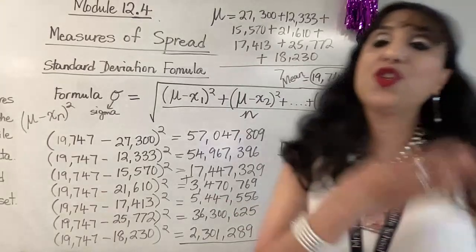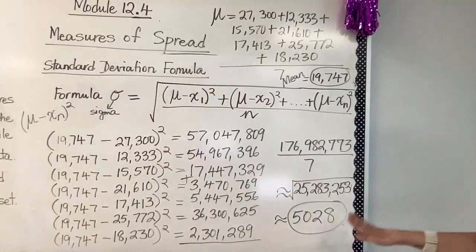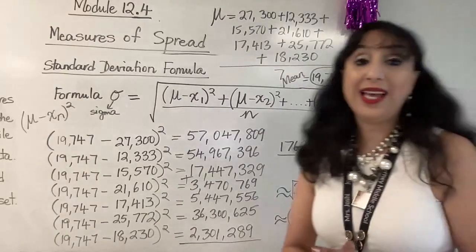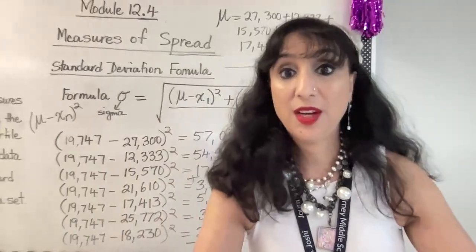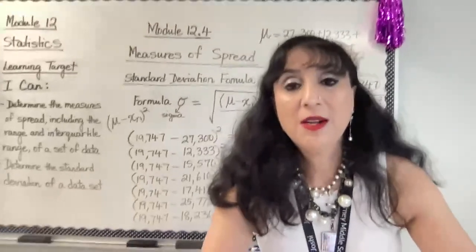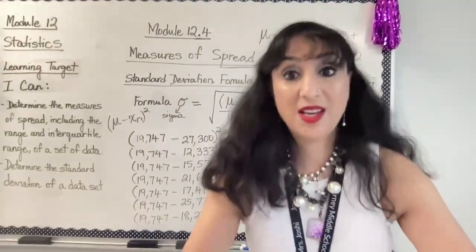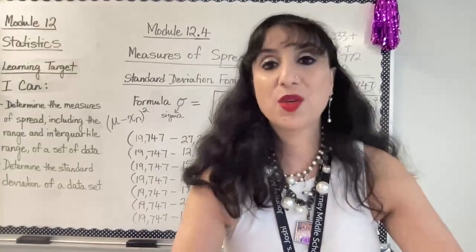And then I just square root it, and using a calculator, this is what I get. That's how I calculate my standard deviation. Don't look at the formula and get stressed out. It's not a big deal. All you're doing is subtracting from the mean, squaring it, and then doing the square root of that.